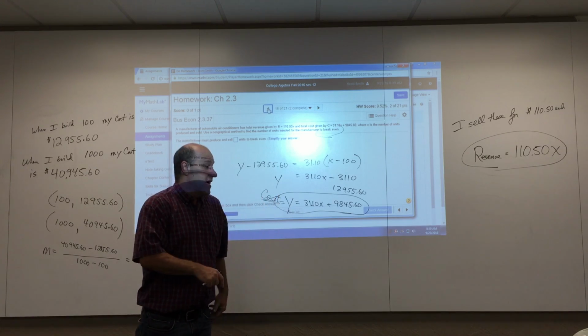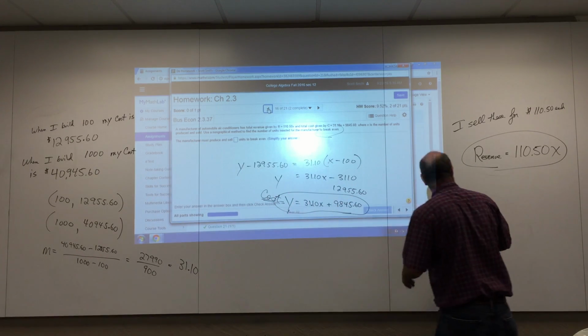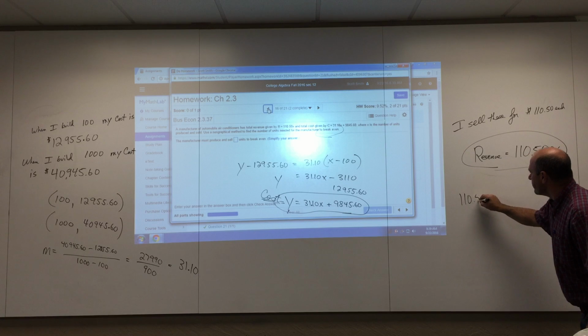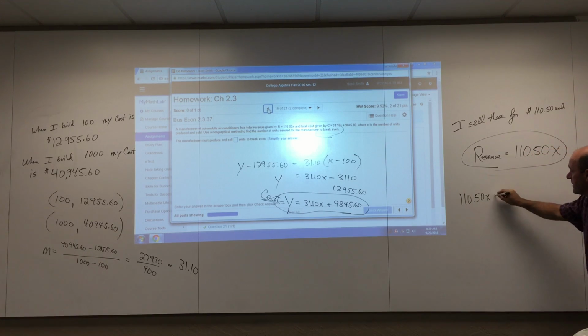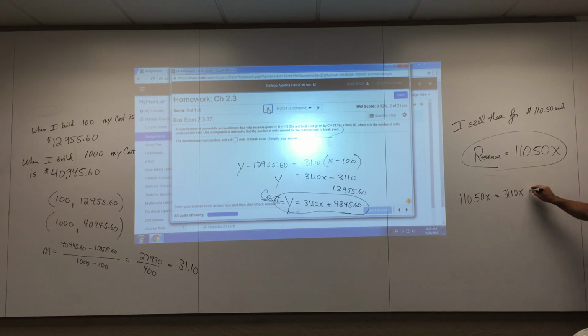So, break even is when my revenue equals my cost. And I'm solving a very simple, nice equation. Except I can't write. When my revenue equals my cost, I'm solving a very simple equation.